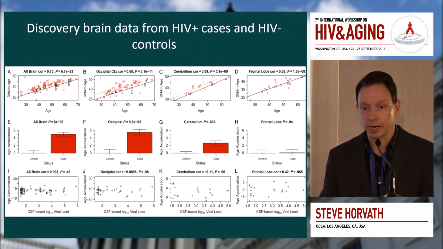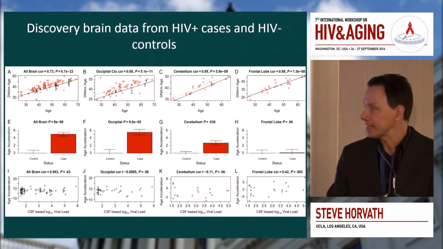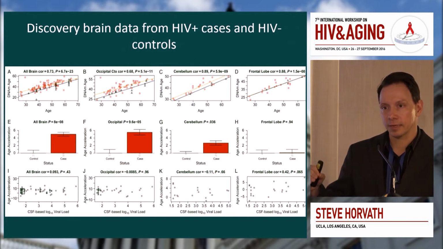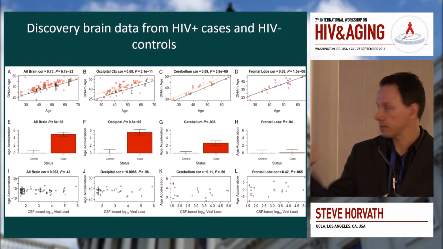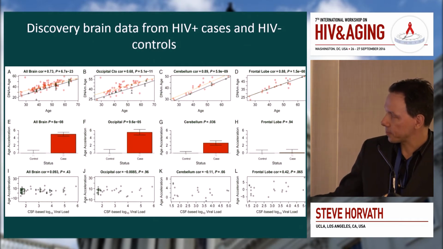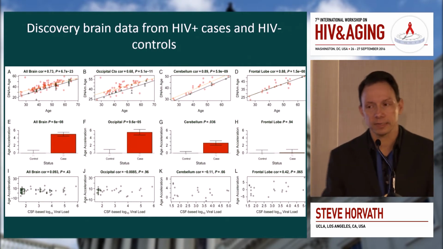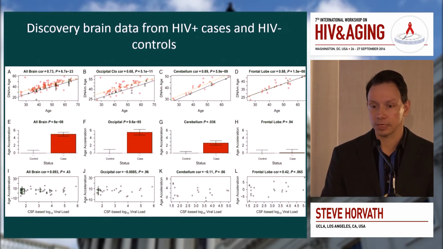Never mind the statistics. So what does that mean? The methylation age estimate is higher than that for controls. And when you do the math, the p-value is 10 to the minus 8. So that suggests that the brain samples from HIV-positive subjects unfortunately exhibit severe age acceleration.